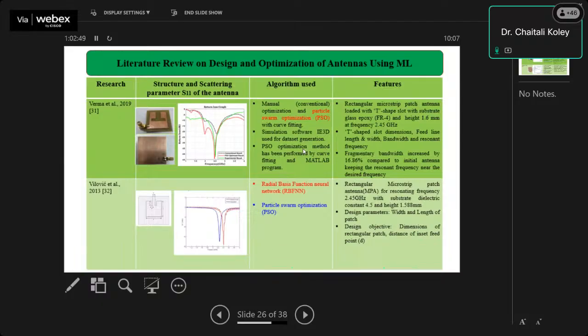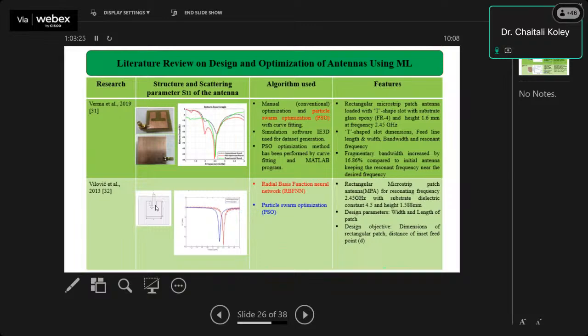They have used the radial basis function to determine input impedance for different feed positions. They changed the position of the microstrip feeding, and applied it to determine the optimum feeding position. That algorithm is known as the radial basis function neural network.